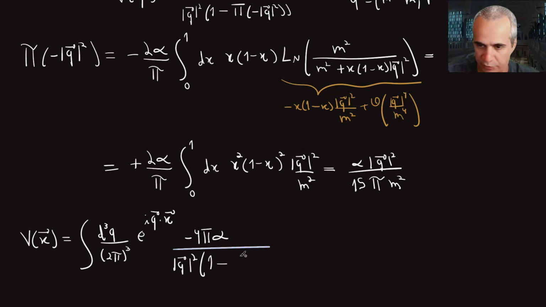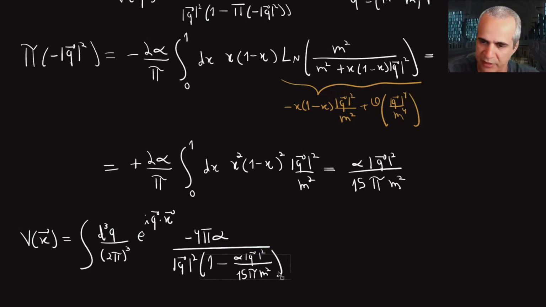So alpha q square over 15 pi m square, right? So now again, I'm taking a very rough approximation here. So I can just take this denominator and expand again. I'm assuming this q square over m square is really small.